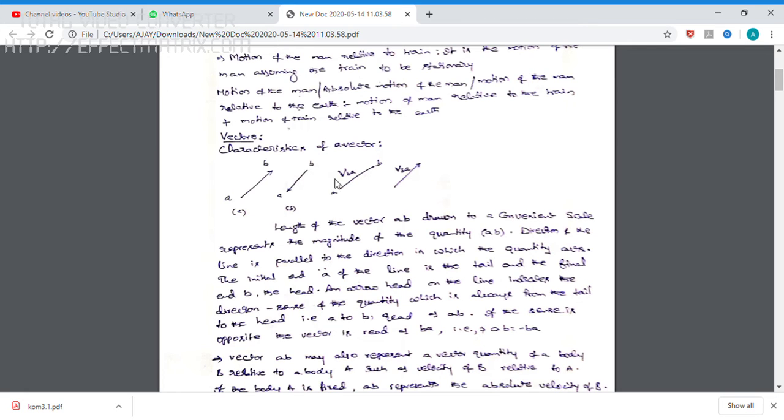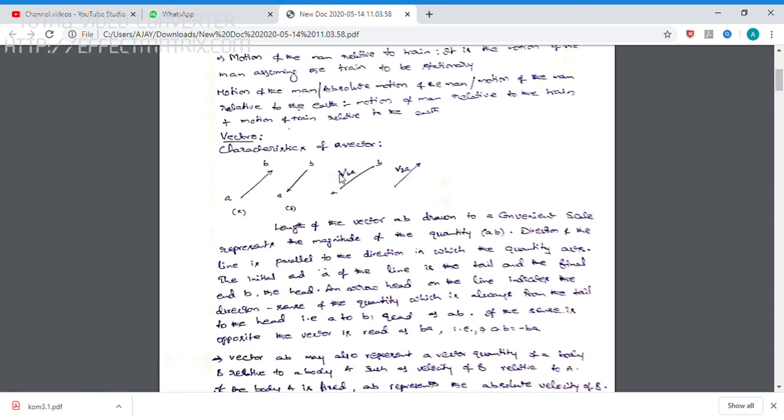Sometimes, even without an arrowhead, we can represent the vector. How will we represent it? Just study this particular one. VBA. What does it mean? Velocity of B relative to A. Here we can represent it in two different manners.